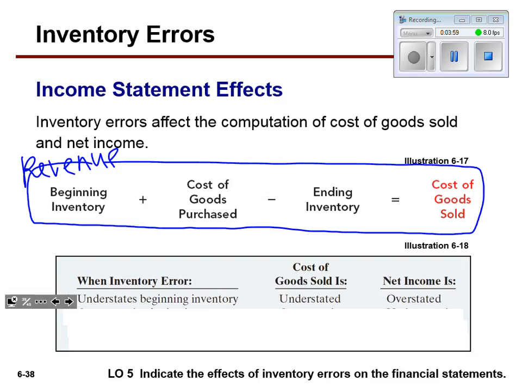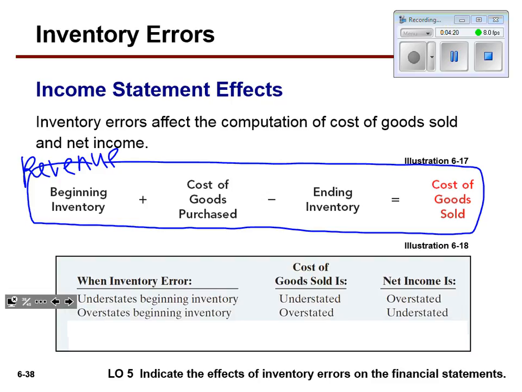And then it's going to look like we're making more money. Because if cost of goods sold is understated, it's actually going to look like we're making more money.